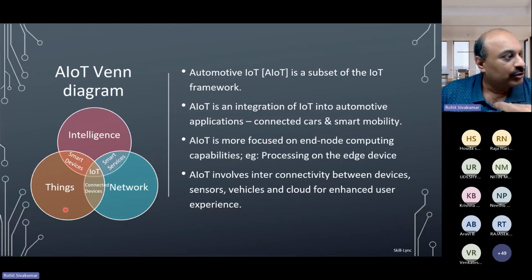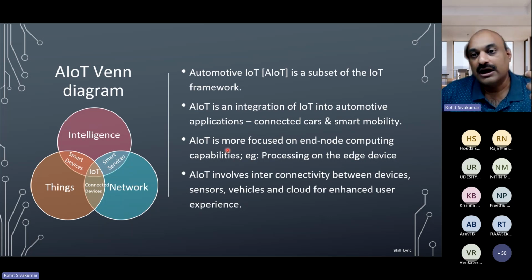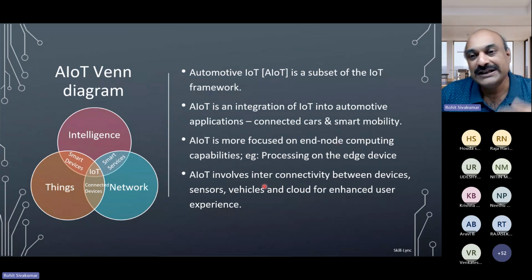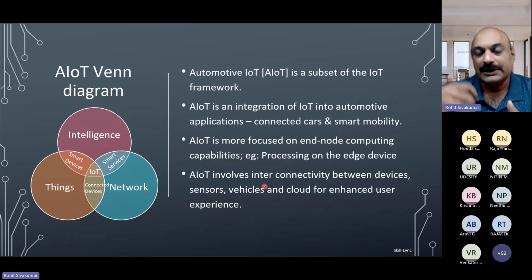Similarly, in IoT, we are talking about the sensors, the things with intelligence, which means we are talking about computing data and processing it at the node level, the end node level. What an end node is, I'll talk about in the upcoming slides, but it's about doing things faster without the latency of sending the data to the cloud, getting it processed, and getting the data back into the vehicle system.